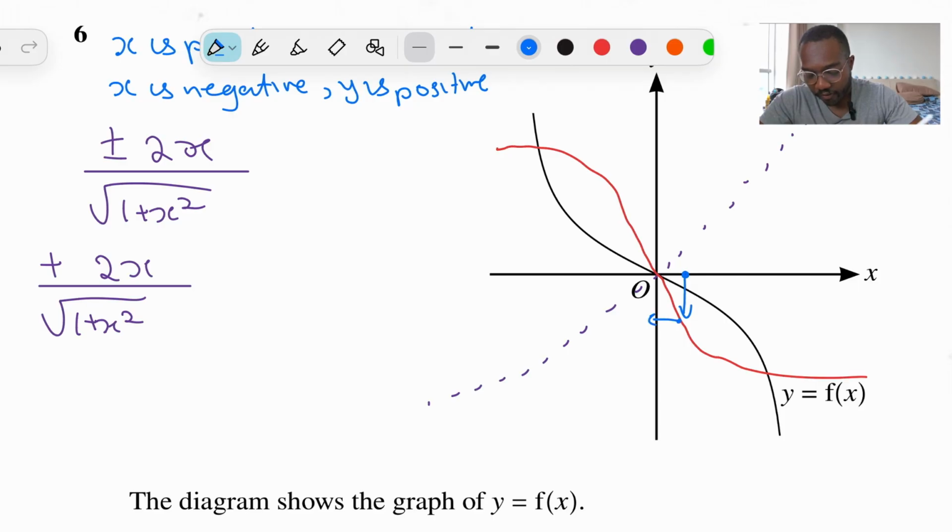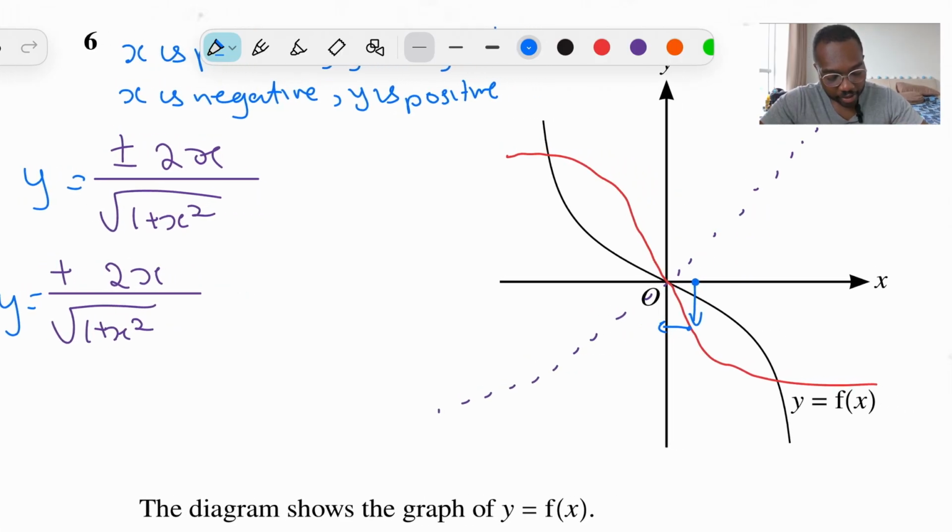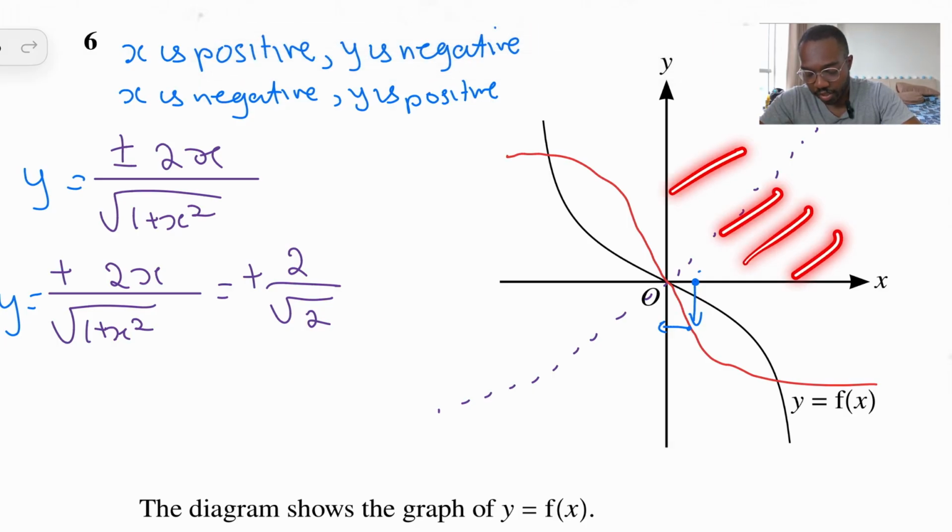So if x is equal to 1, then we should get a negative value for our y, because remember that this is y. So if we think about x equal to 1, for example, we would get 2 times 1, which is 2, over the square root of 1 plus 1, so that gives me 2 over root 2. Now that gives me a positive. So in theory, when we use x equals 1, we should get a value in this quadrant here.